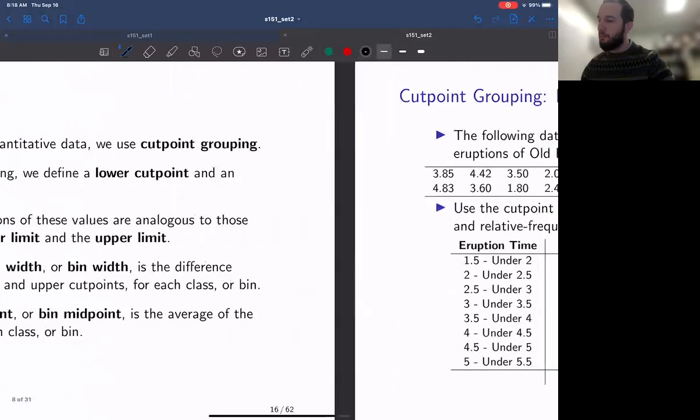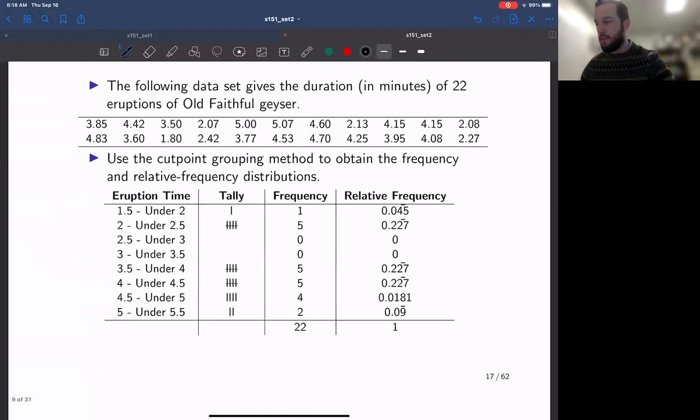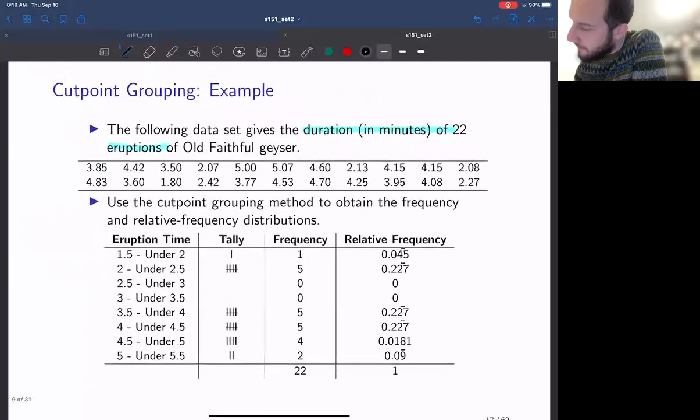So an example of cut point grouping is given on slide 17. You can see here that we have a data set giving the duration of 22 eruptions of Old Faithful geyser. So this is the duration of eruptions. So this is the variable.